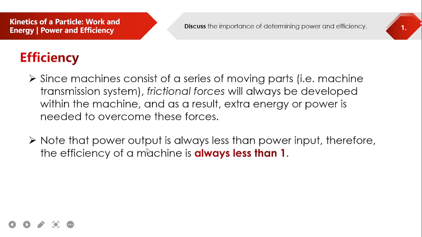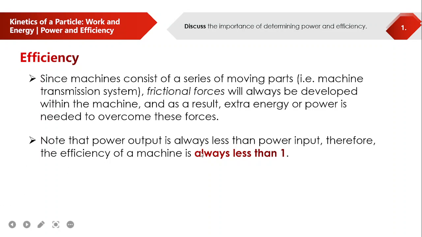So, note that the power output is less than the power input. No? Kailangan talaga, like, sa daming reductions na magaganap within the system. So, hindi talaga magiging 100% ang efficiency kasi may mga reduction throughout the system. Yung input mo hanggang sa output, hindi talaga equal.